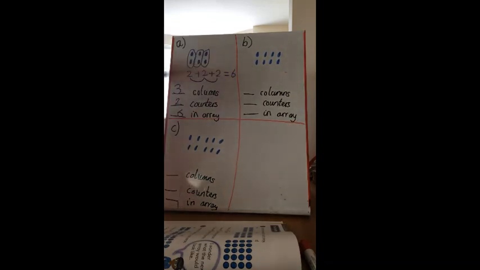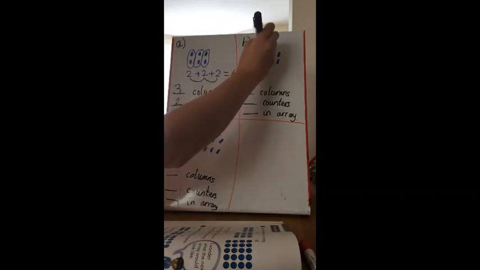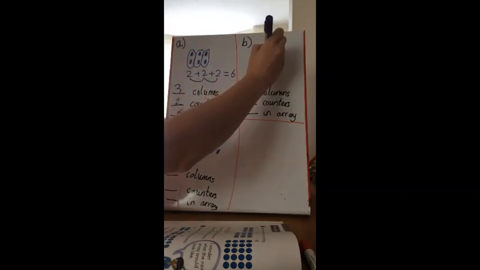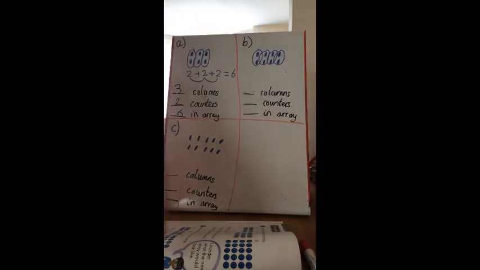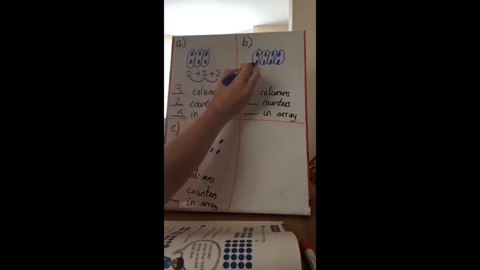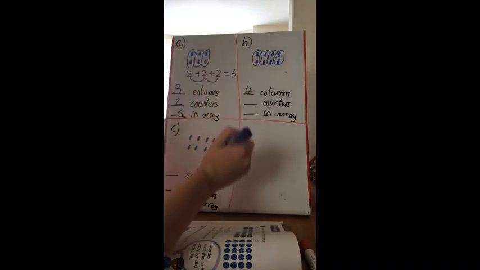Let's try B. How many columns are there in B? Columns go down. So we've got 1, 2, 3, 4. 4 columns. How many counters in each column? In this 1 column we have got 2.